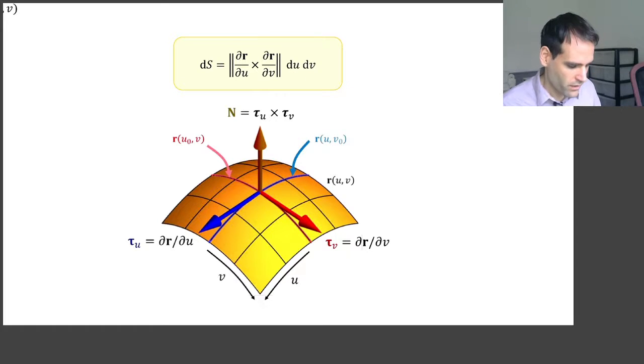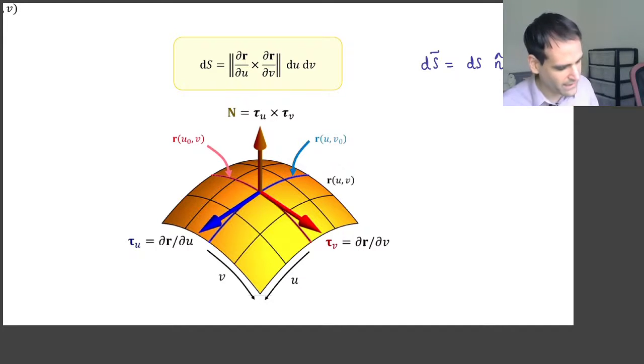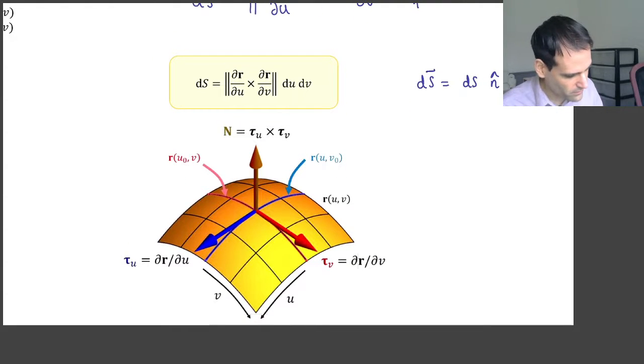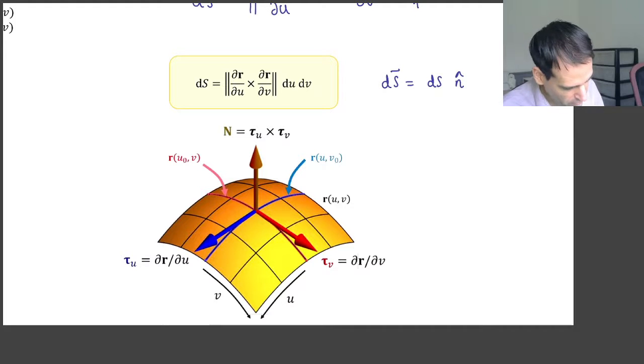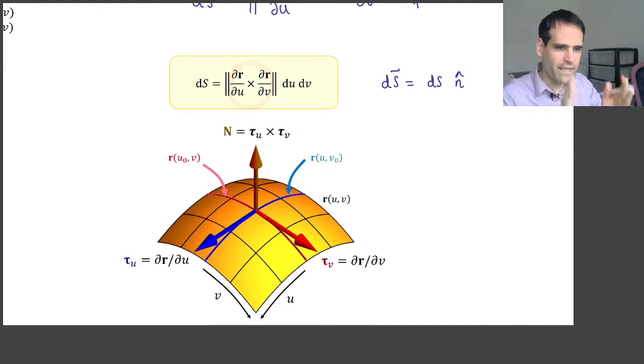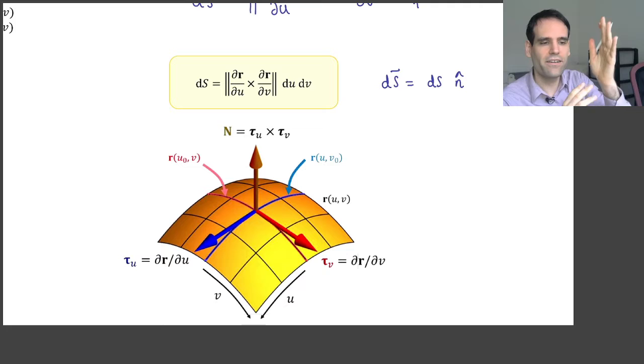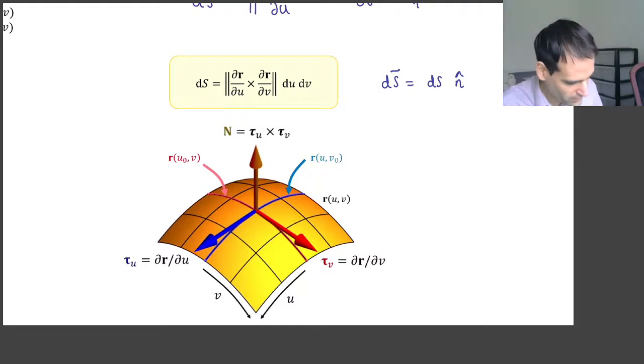So now if we want to obtain dS vector equal to dS, but in the direction of n hat, well, actually, we are very lucky, right? Because this term here, without taking the length, so if we removed this calculation of the norm, this term here would be the normal vector. And the normal vector is already, by construction, pointing normal to the surface, in the direction of n hat.